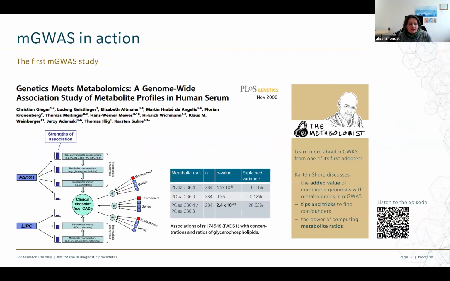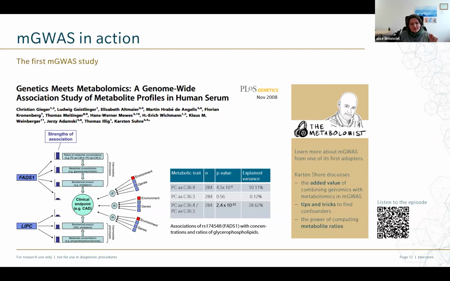This is what was done by the group of Karsten Suhre and multiple scientists now in the world. I mention Karsten Suhre here because he was one of the leading scientists in the first team that made the first mGWAS, which was already in 2008. So this has been going on for a while, and it's a really beautiful and clean example of how this works. They had a cohort that was not an enormous one.